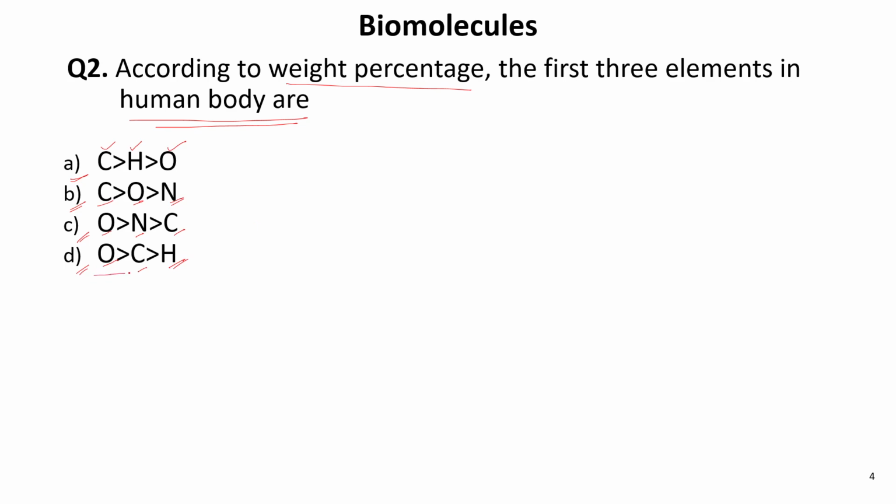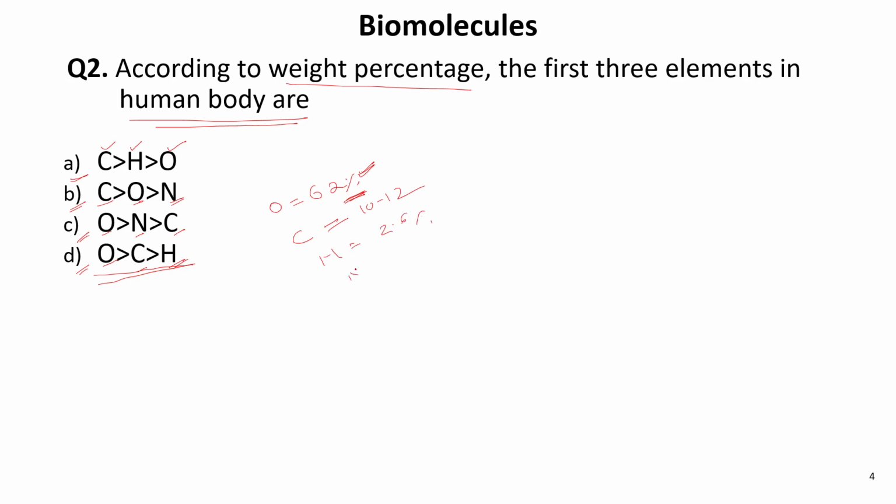So according to this, the correct answer is D because oxygen is around 62% present by weight. According to the weight of the body, 62% is oxygen. Then comes the carbon, 10 to 12%, and hydrogen is very less, around 2 to 6%.